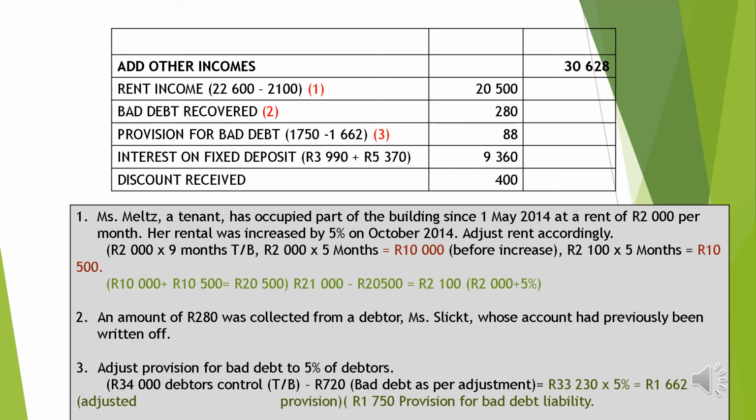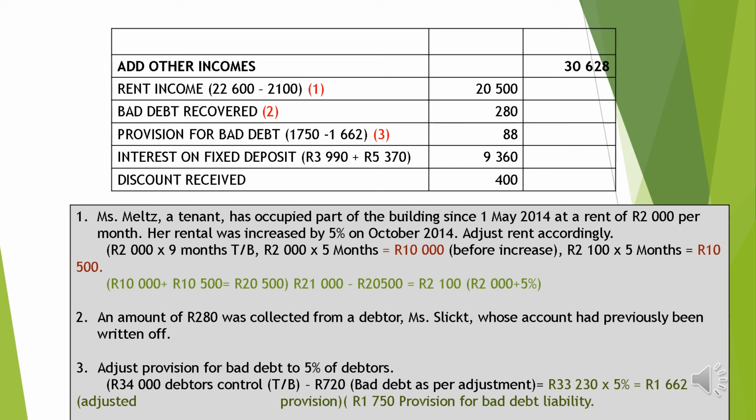If it's 9 months, it means that we need to calculate what? We need to calculate the issue of an increase. So if she was paying 2,000 rand, the increase is 5%.